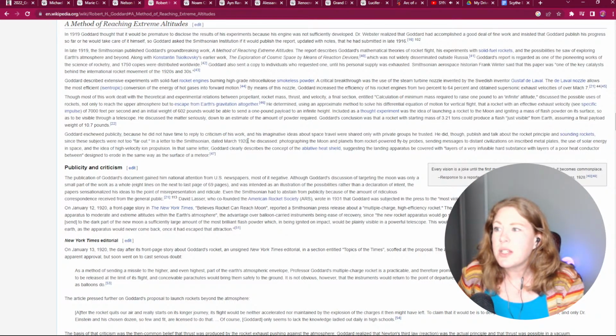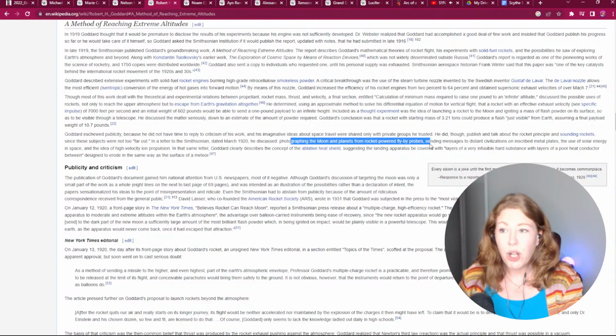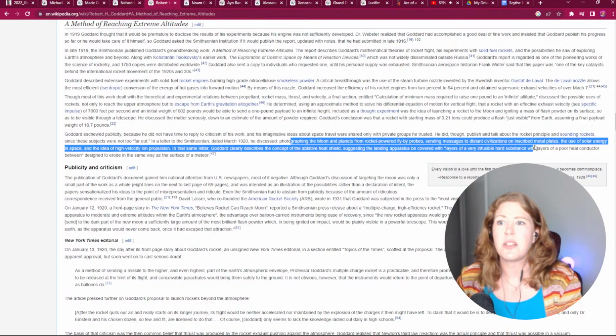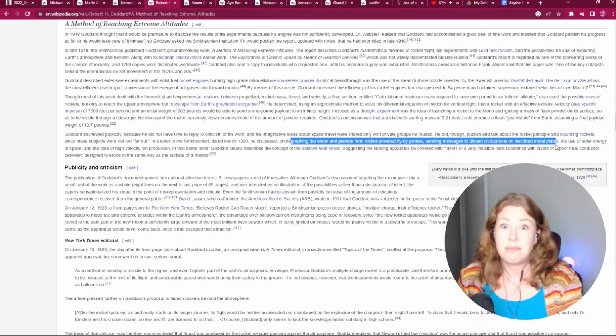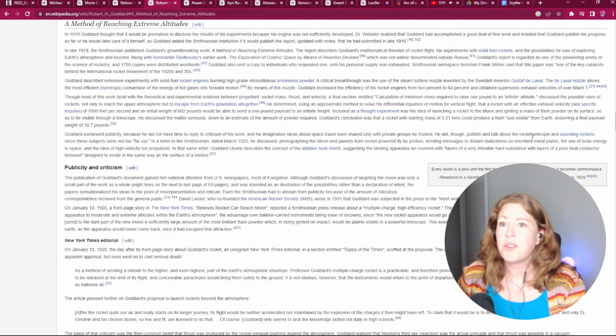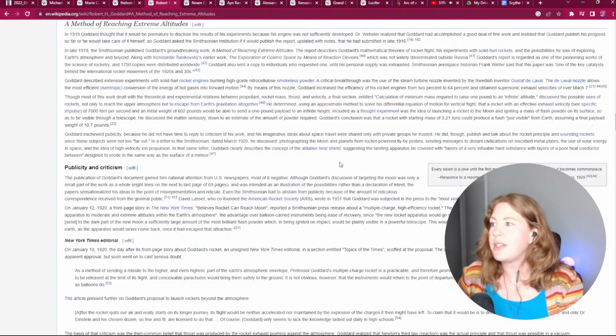In a letter to the Smithsonian dated 1920, he discussed photographing the moon and planets from rocket-powered flyby probes, sending messages to distant civilizations on inscribed metal plates, which did happen, which has occurred. The use of solar energy in space, and the idea of high-velocity ion propulsion.